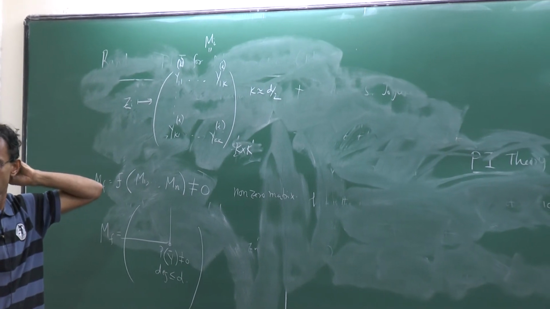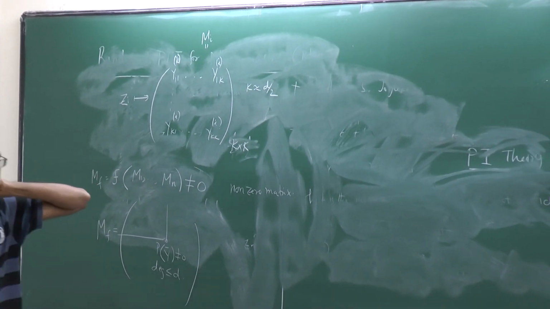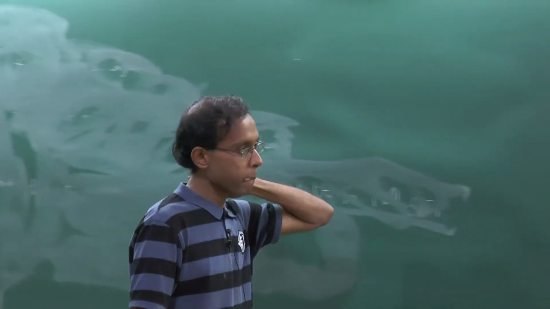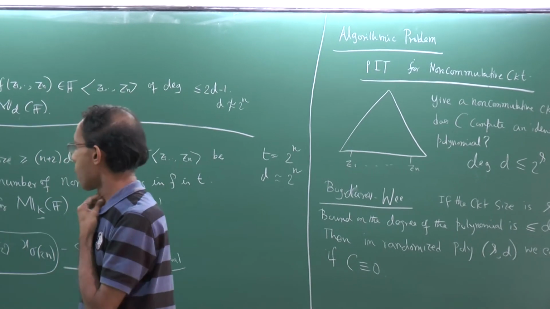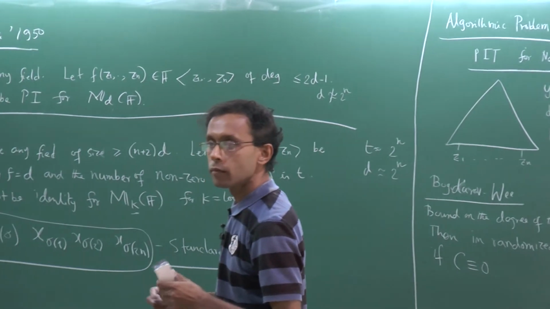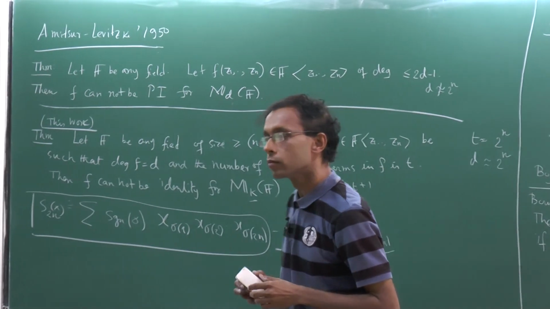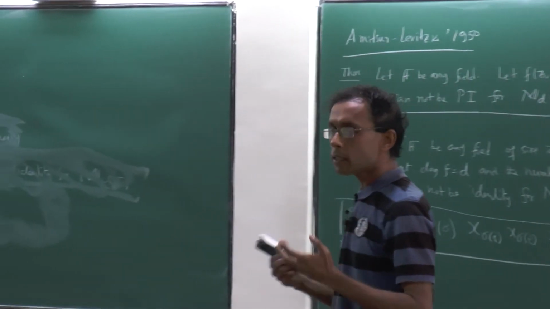Is it clear? The point is, a priori you know the dimension. Let's say these parameters are given.